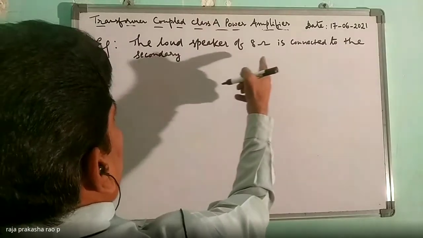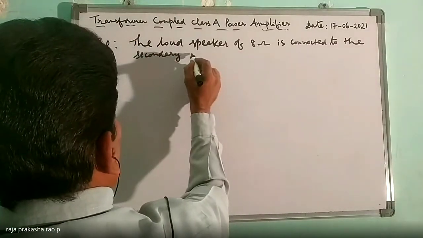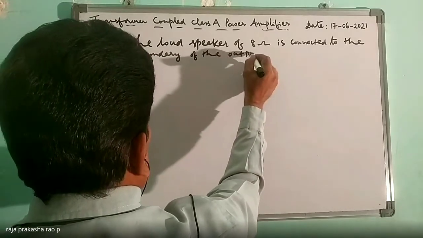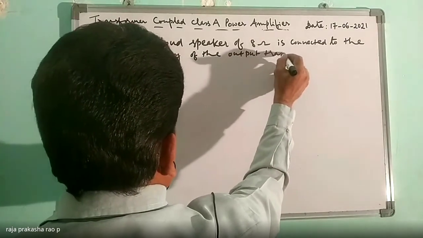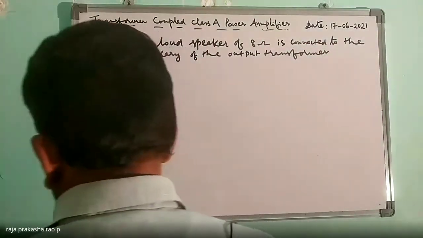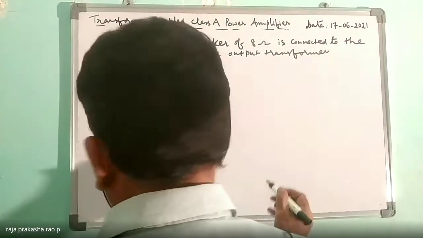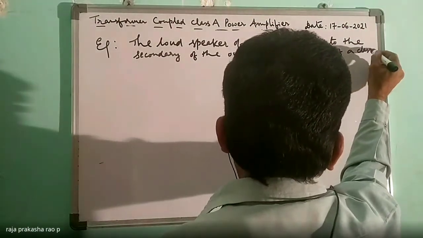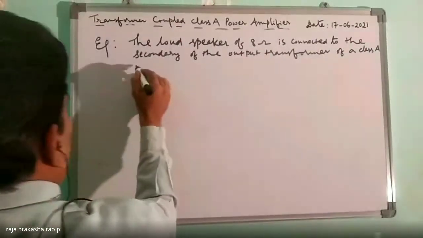The loudspeaker of 8 ohms is connected to the secondary of the output transformer of a class A amplifier circuit.